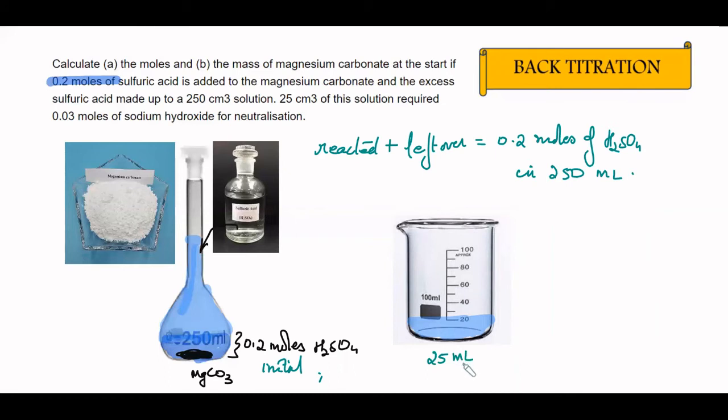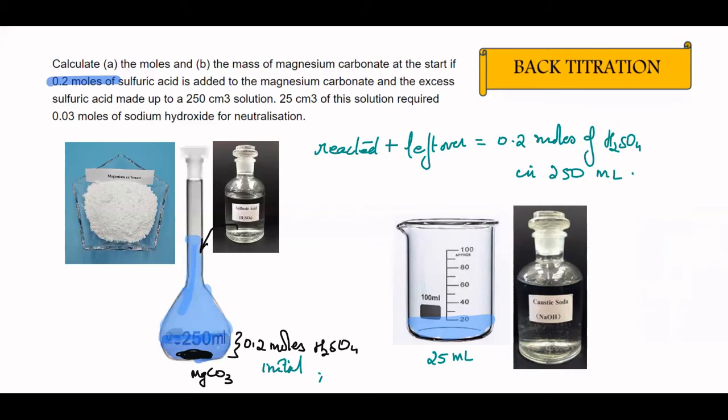So the whole of the leftover sulfuric acid is not there in it. A small portion of the leftover sulfuric acid is there in this beaker, and this is estimated using sodium hydroxide.